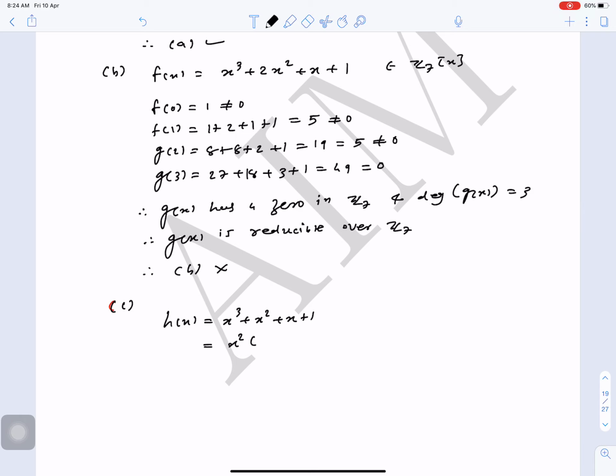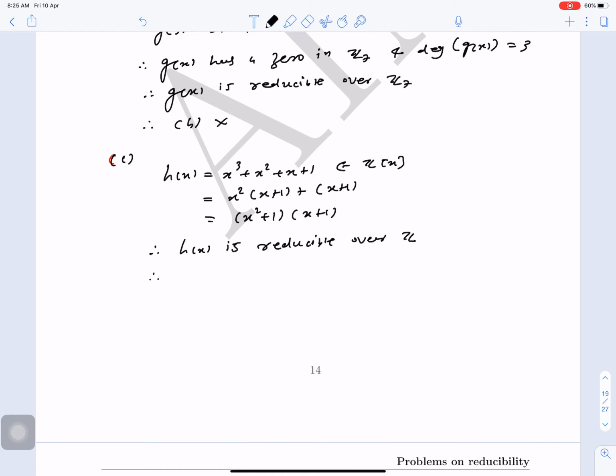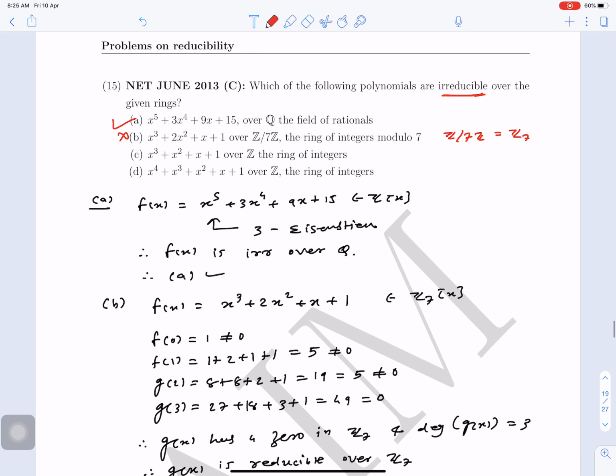If we take x square common, then it is x square times (x plus 1) plus (x plus 1). So it is (x square plus 1) times (x plus 1). This is over Z[x]. So therefore h(x) is reducible over Z. So therefore option C is incorrect, because we are interested in irreducible. So C is wrong.